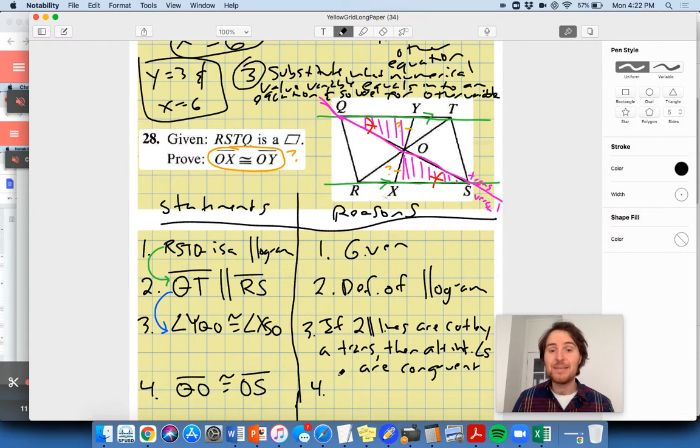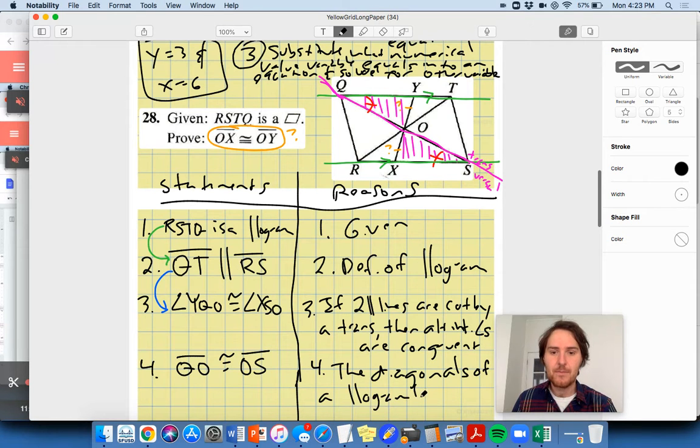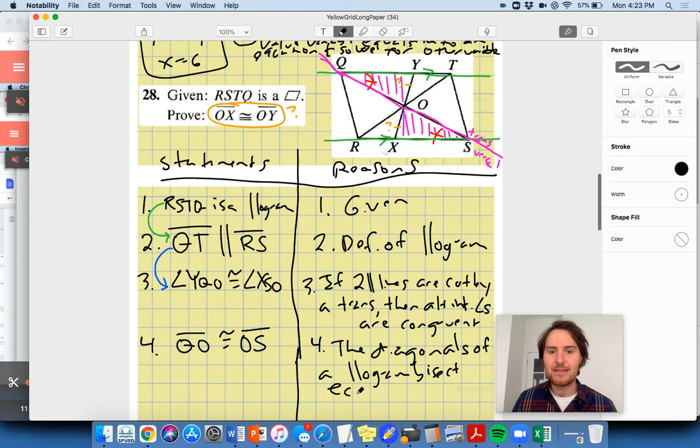So in step 4, we can simply list out that theorem: the diagonals of a parallelogram bisect each other.